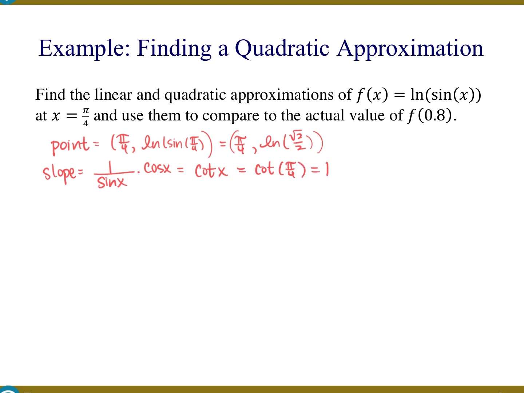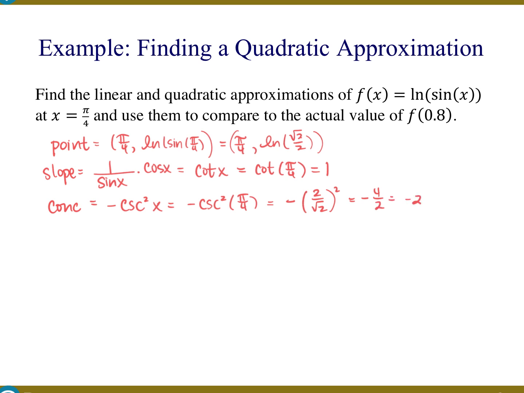And then our concavity will be the derivative of the cotangent of x, which is negative cosecant squared of x. So then we're going to want negative cosecant squared of pi fourths. So that will be negative 2 over rad 2 quantity squared. In other words, negative 4 over 2 or negative 2.